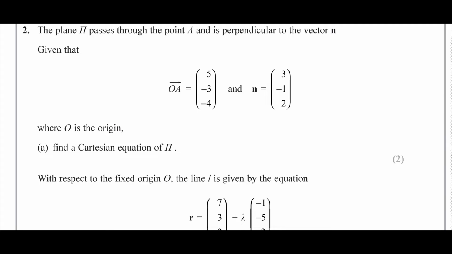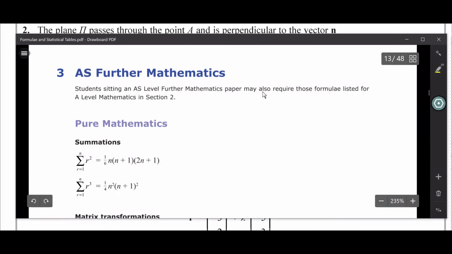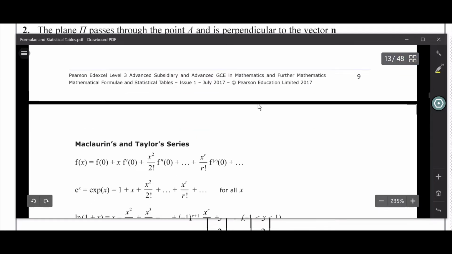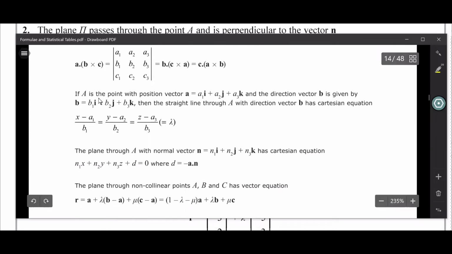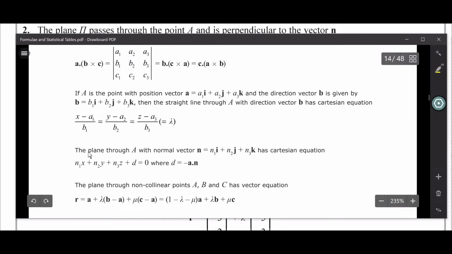Now, if you go to your formula book, you will notice in the vectors section, if we have a plane through A with normal vector n with components i, j and k, and the coefficients of i, j and k are n1, n2 and n3, then this would have Cartesian equation n1x plus n2y plus n3z plus d equals 0, where d is equal to minus a dot n.